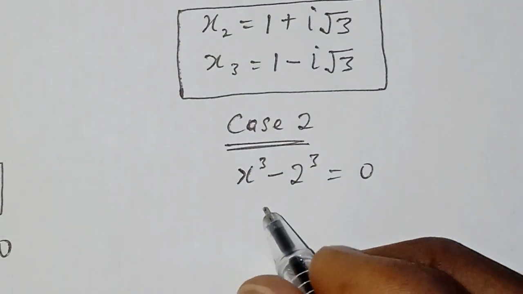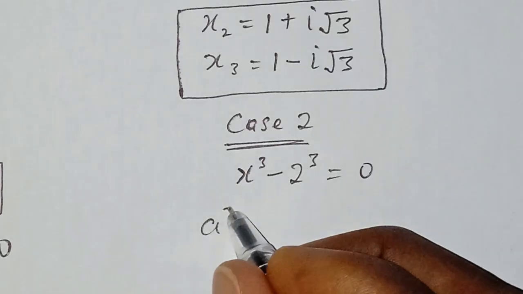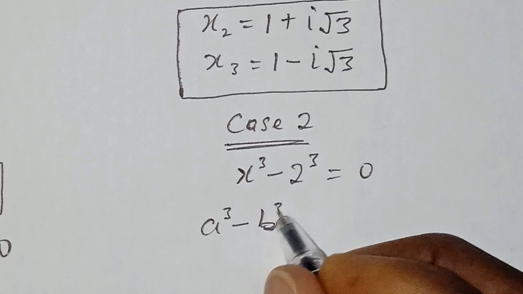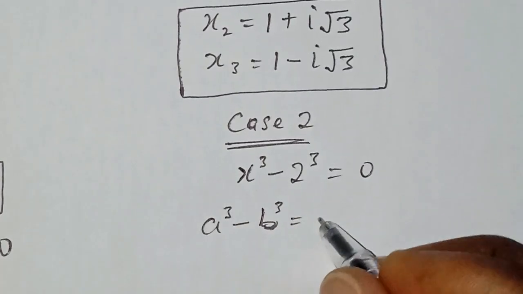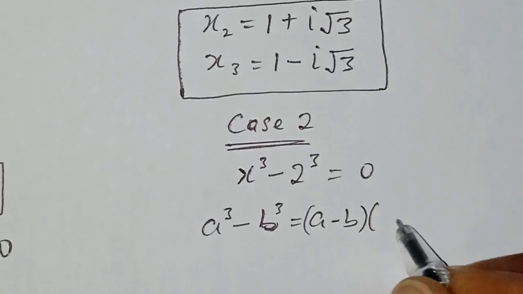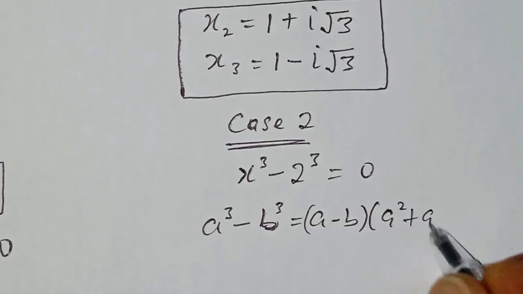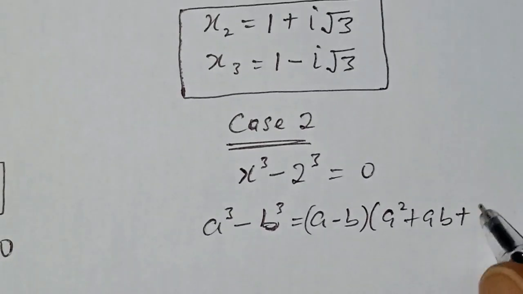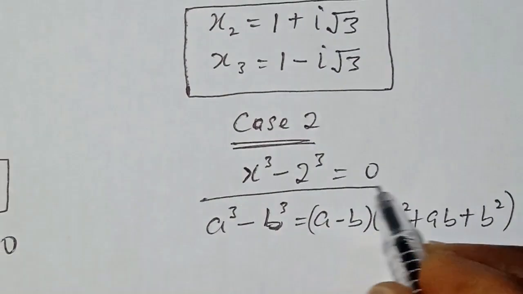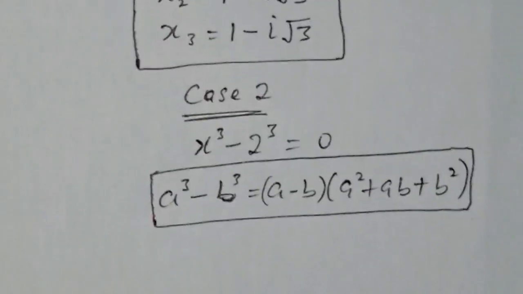So to get the value of x over here, we have that if we have a cubed minus b cubed, we can factorize this as (a minus b) into bracket a squared plus ab plus b squared. So we are going to use this identity for case 2.